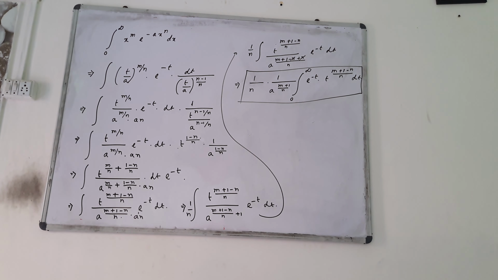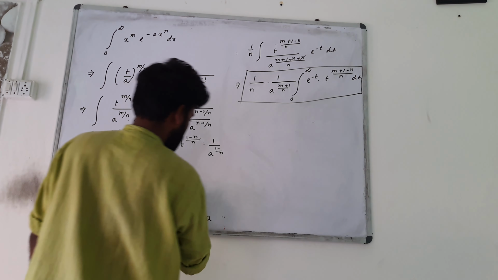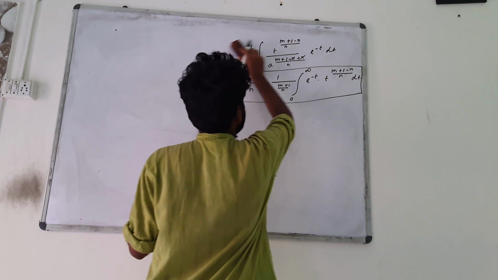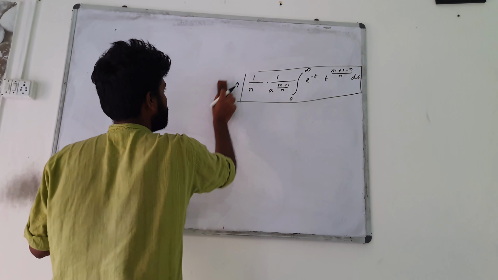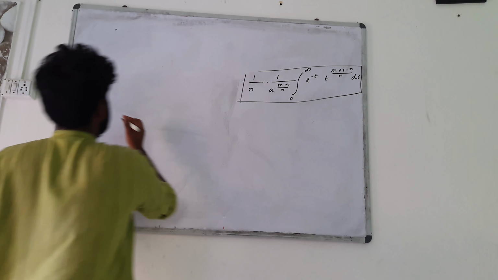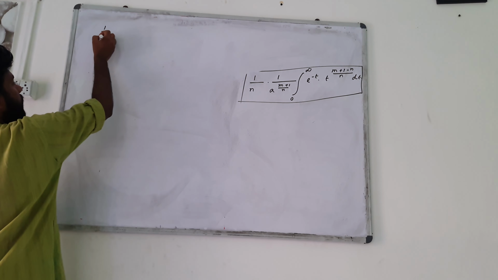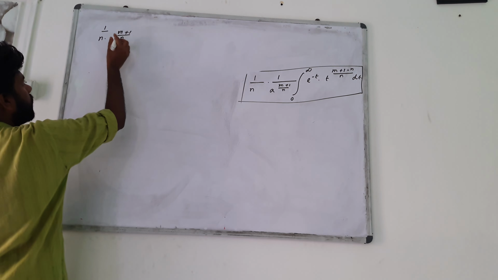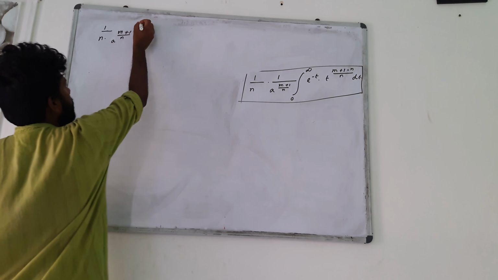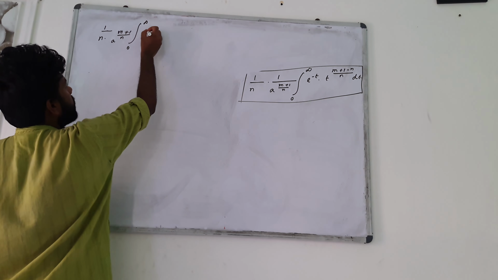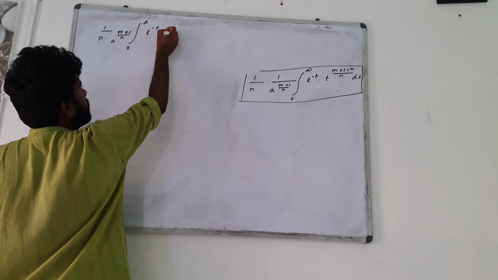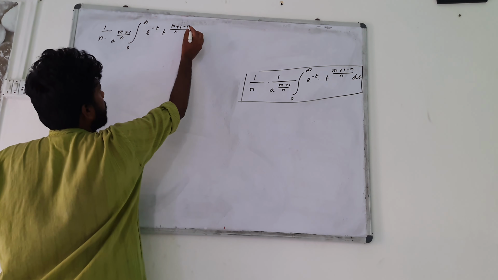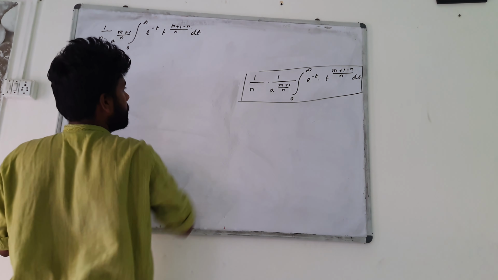So how to proceed with this integral? All of you know integration by parts. There is a process to evaluate some integrals, the by parts. So 1 by n, a to the power m plus 1 by n, integral over 0 to infinite e to the power minus t, t to the power m plus 1 minus n divided by n dt.